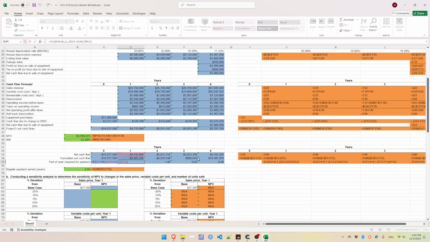You can say, if this is smaller than this, so we can have another if in here. If this is smaller than this, in other words, your current cash flow is smaller than the cumulative cash flow, then it's a 0.